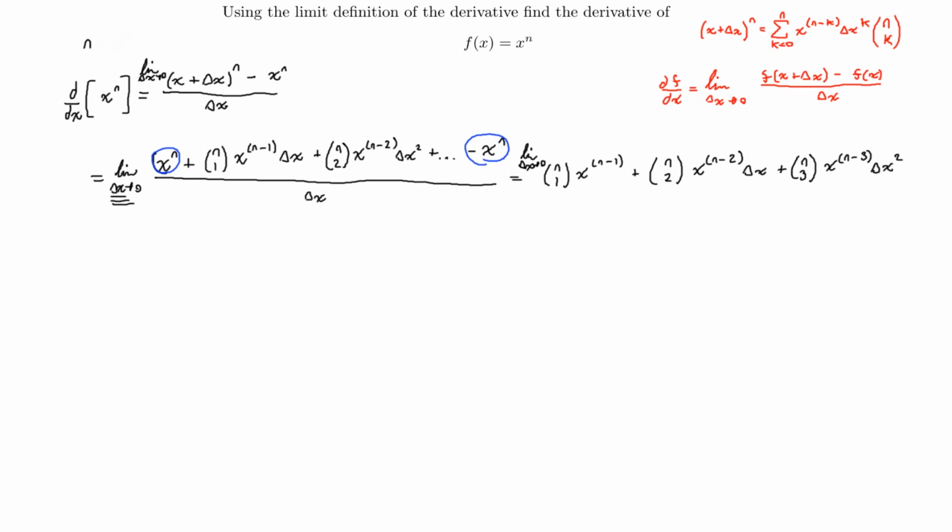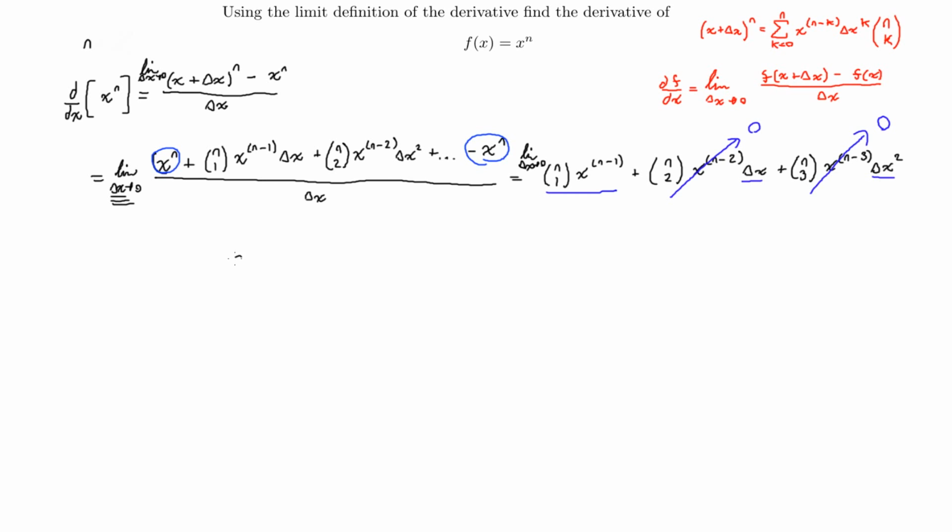The thing to notice here is that this term has a delta x, this term has a delta x, and the power on the delta x keeps getting higher. Here it's 1, here it's 2, and the next term it would be 3, and 4, and it would keep going up until you reach n. So these all go to 0, and you're only left with the first term.